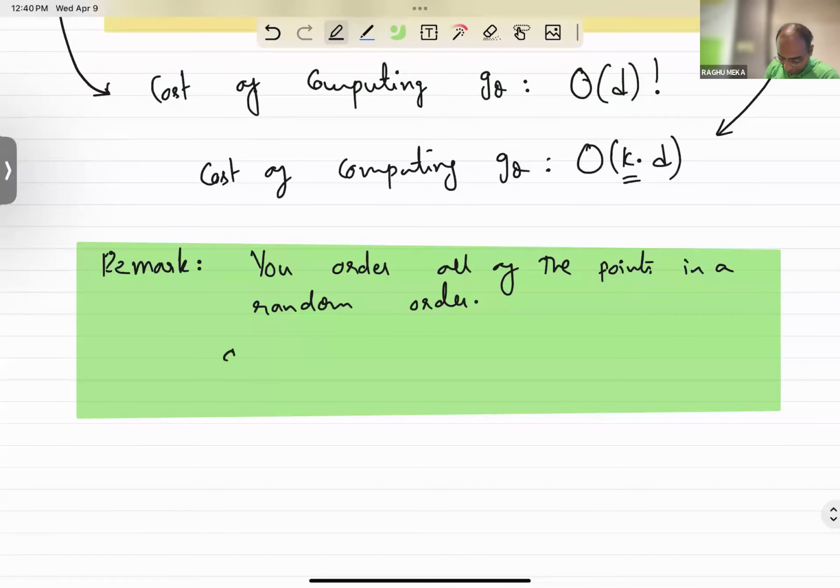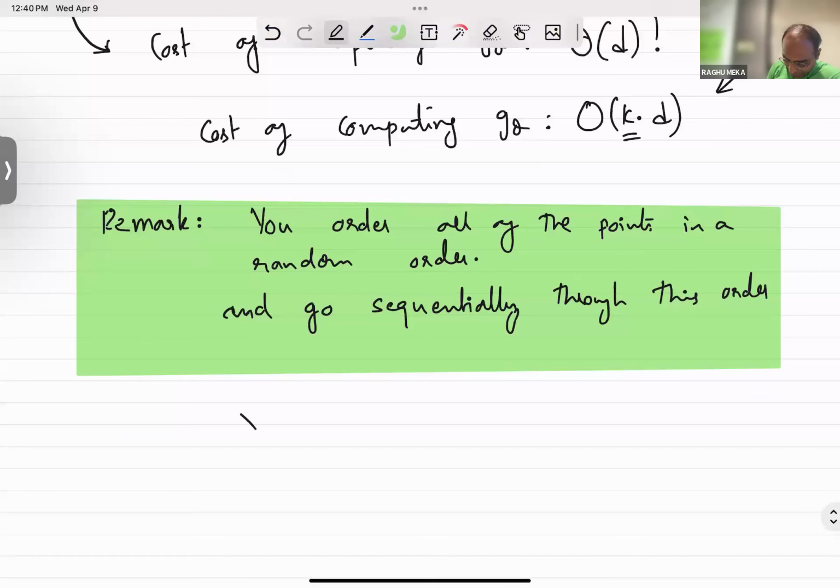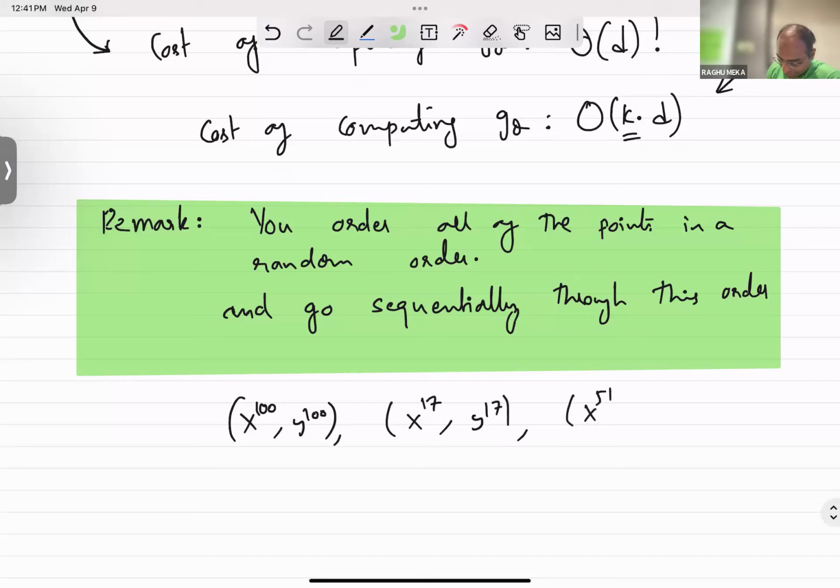Okay, and go sequentially through this order. Okay, so maybe I end up with something like x100, y100 first. And then maybe I had x17, y17. Maybe then I had x51, y51, and so on.